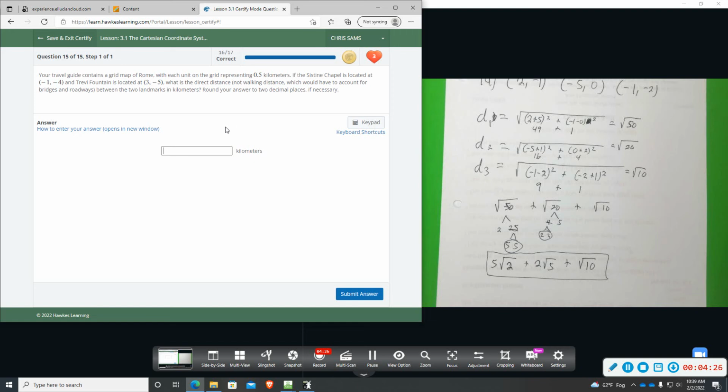What is the distance, not walking distance, which would account for bridges and roadways, between the two landmarks in kilometers? And we're going to round to 2 decimal places. So we just have 2 ordered pairs. We're going to do distance formula once here, and then we're going to multiply that by 0.5 to get the distance in kilometers.